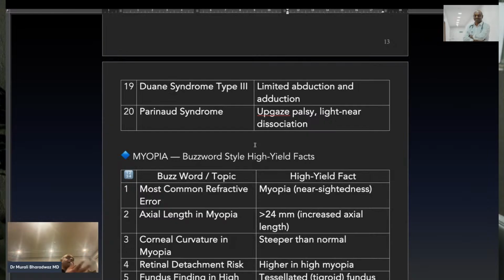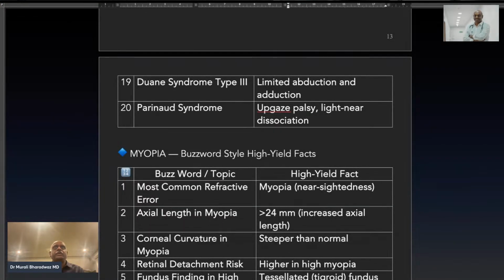Then all the efferents are affected. He can't move; everything is blocked. Horizontal gaze is gone, but vertical gaze is controlled by the midbrain, so that is intact. Like a frog, he will be moving his eyes up and down. His consciousness is intact, but his legs and everything are not working. That's called central pontine myelinolysis, which is what we need to remember.